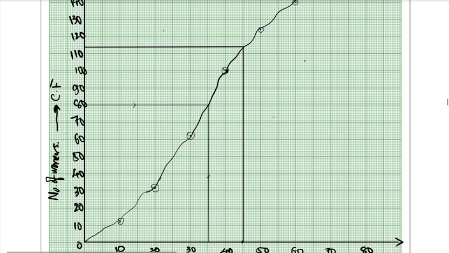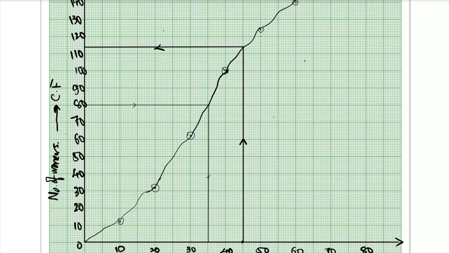So what we are doing here is drawing a line from 45 going up, meeting the ogive at this point, and drawing a line towards the left side, meeting the cumulative frequency axis. Which point is it meeting on?